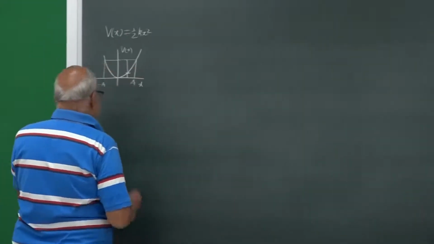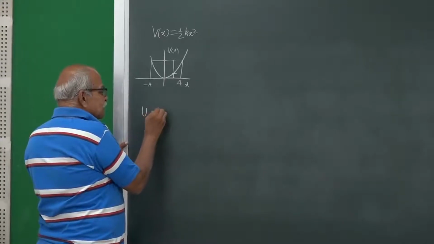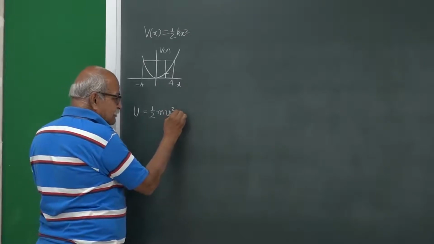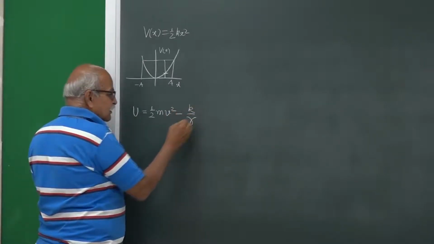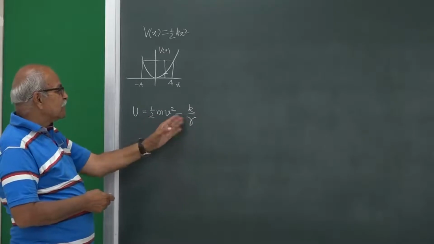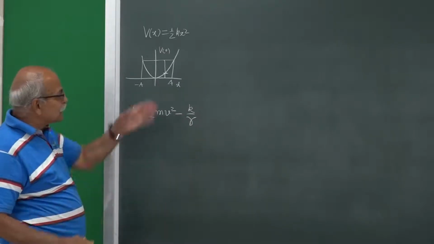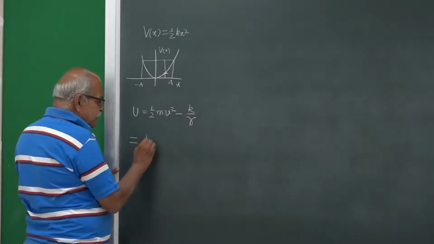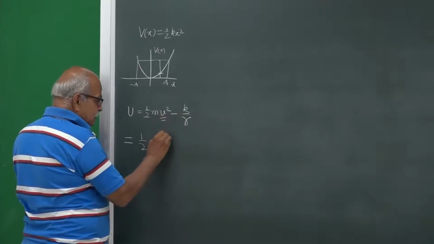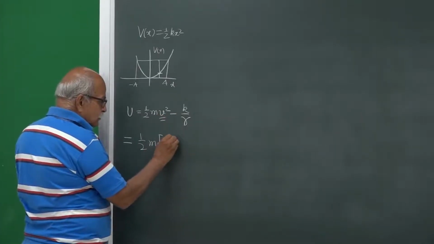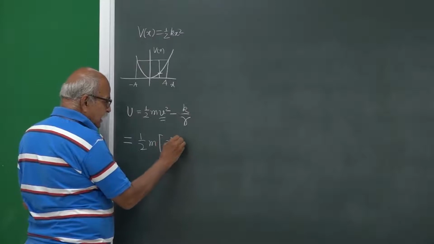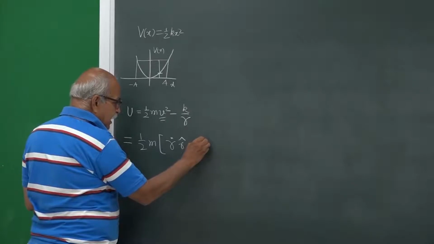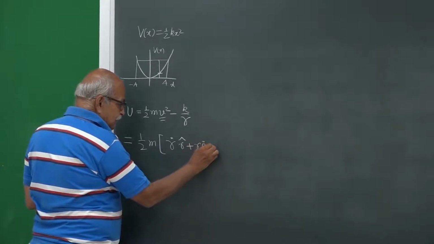First, we write the total energy U, which is half m v square plus potential energy, which is minus k by r. Kinetic energy plus potential energy is the total mechanical energy. This is what I want to use in this diagram, and this v I write as r dot r cap plus r theta dot theta cap.